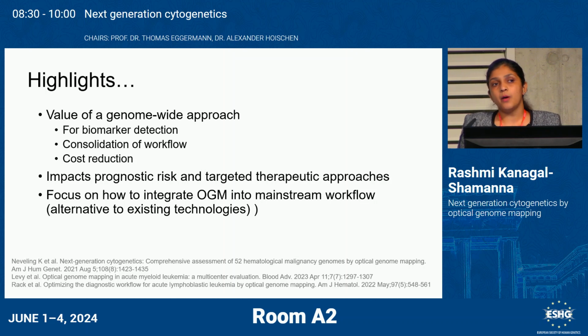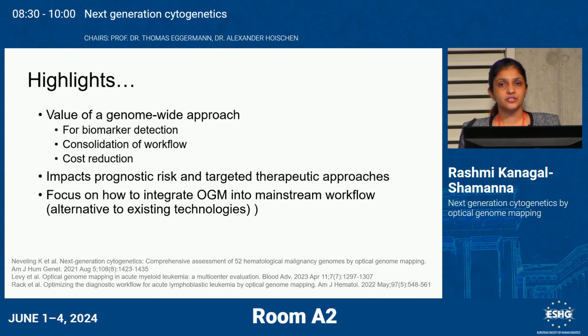I mean, performing a 20 probe FISH panel with 20 different probes, we cannot even fathom the amount of resources that would be needed for that. And of course, these structural variants, data has shown, impact the prognostic risk stratification and also change the management.